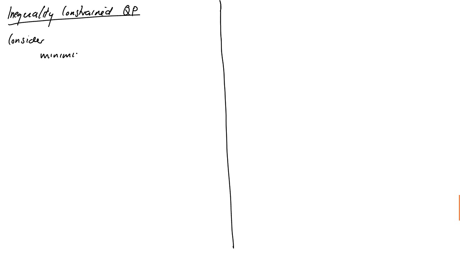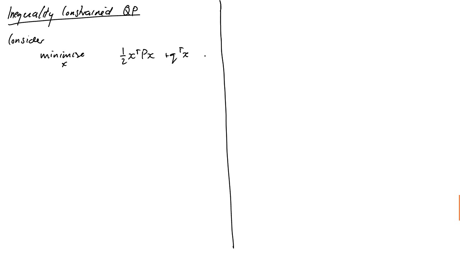Okay, so this is quite a lot harder, and we end up having to develop an algorithm that's a little bit like the simplex algorithm that we looked at for linear programming. But first, before we can actually start solving the thing, we need to define what it is. So consider the following optimization problem. Minimize 1/2 x transpose P x plus q transpose x.